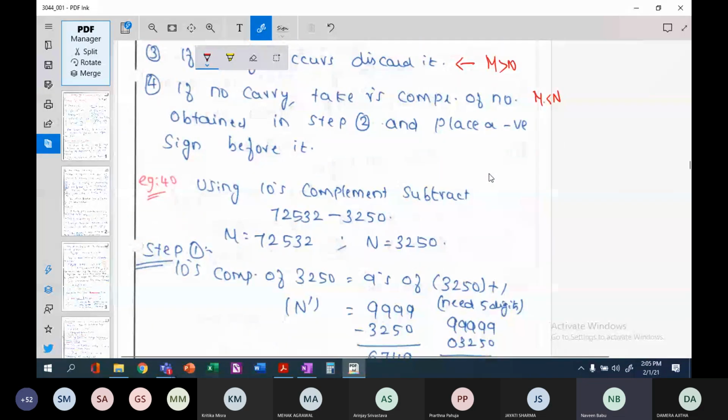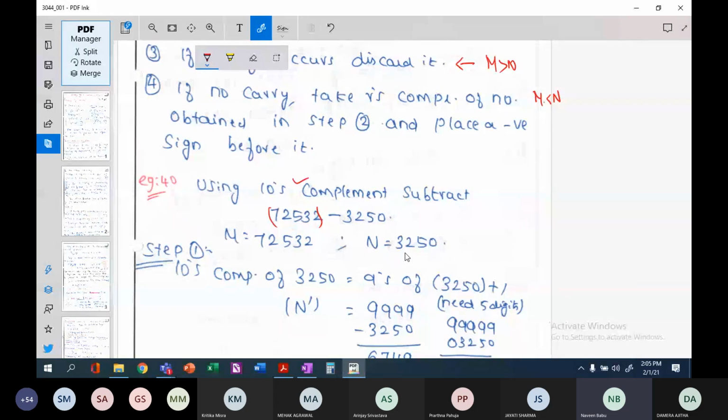Now let's take a quick example. If you want to perform this particular subtraction, obviously these are decimal values, so you can perform only tens complement. You will not have a carry generated here, because m is greater than n. So m here is 72532, n here is 3250.